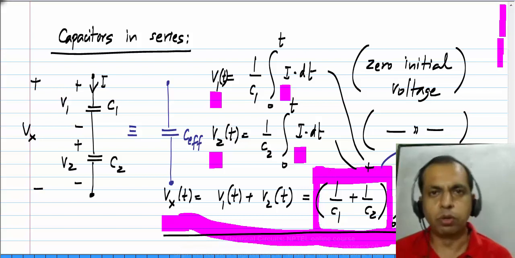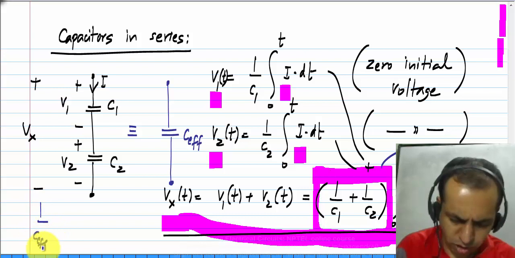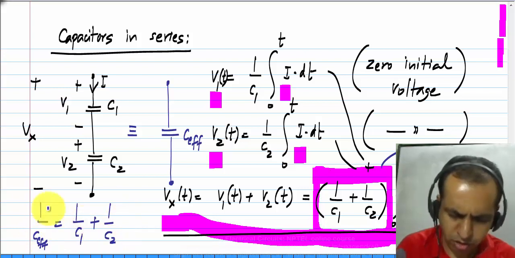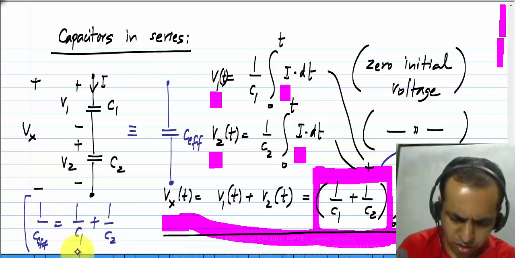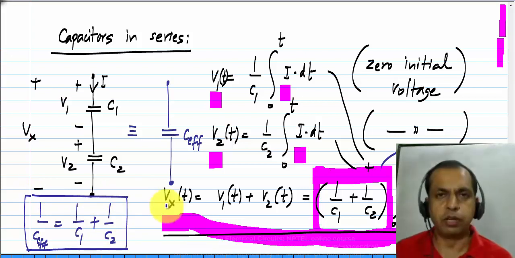And that is equal to 1 over C1 plus 1 over C2. Okay. So this gives you the value of the effective capacitance.